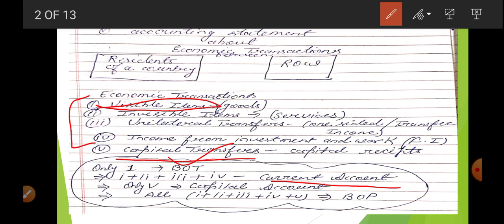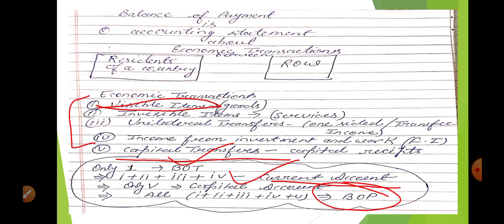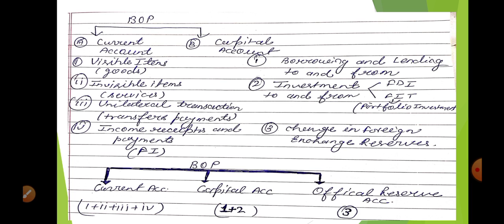And this last one, capital transfer, is considered as capital account. Okay, and all these five are considered as balance of payment. Okay, student, now today I'm going to explain you what do you mean by capital account. So today topic is capital account.